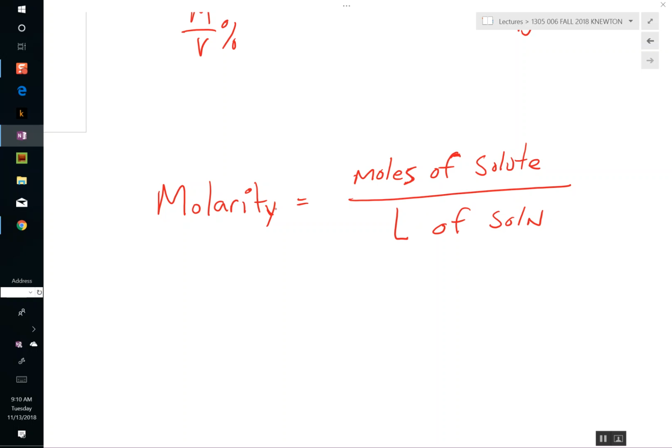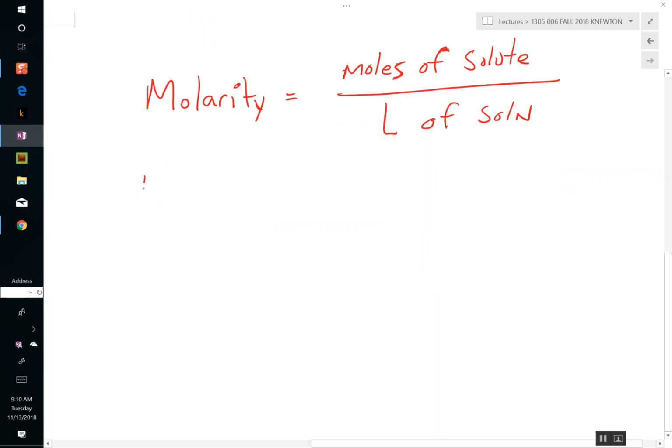In the glasses of water with salt in them, the salt is the solute, and the volume of liquid in that glass is the solution. I'm not talking about just the volume of water. I'm talking about the volume of the solution. So moles of solute per liter of solution.